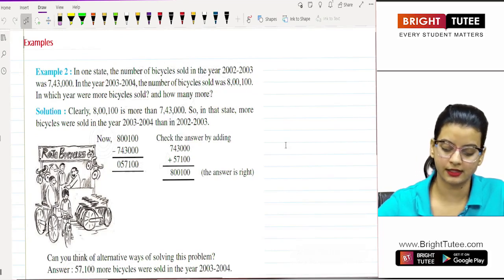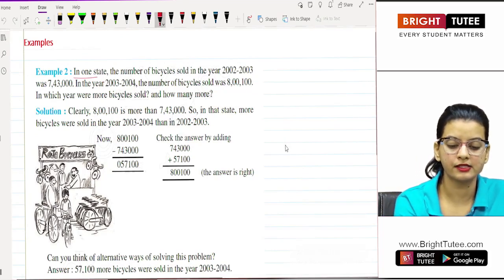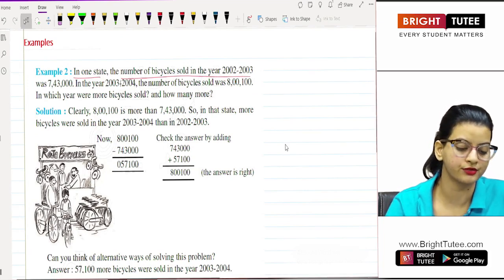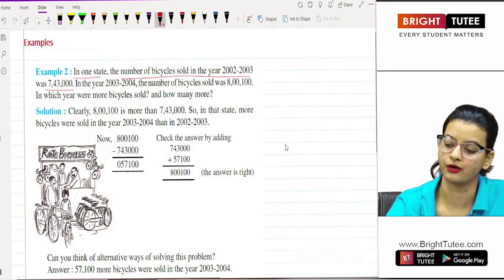Next example is, in one state, the number of bicycles sold in the year 2002 to 2003 was 7,43,000.